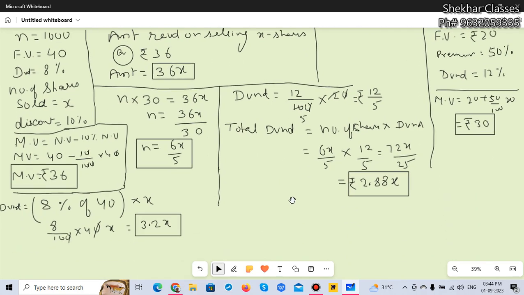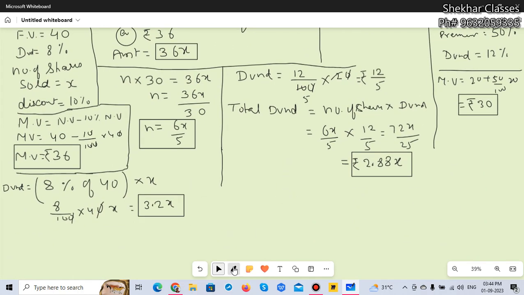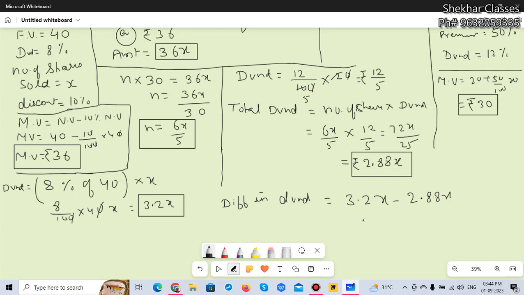So which one is more? The previous one was more. How much more? So the difference in the dividend is equal to 3.2x minus 2.88x, right?